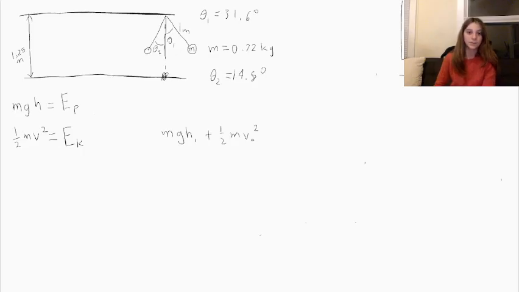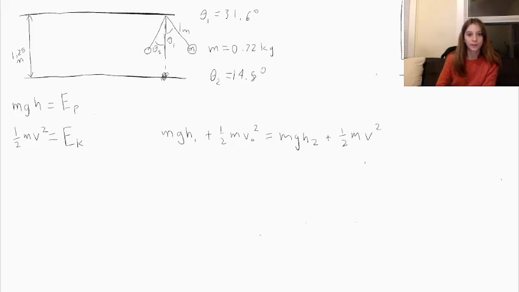That's going to be equal to, so this is the moment in time, this one over here, and now we're going to talk about this one. So then it's going to have mg h2 plus half m v squared. I'm just going to say v because it's a different velocity, it's not the initial one.